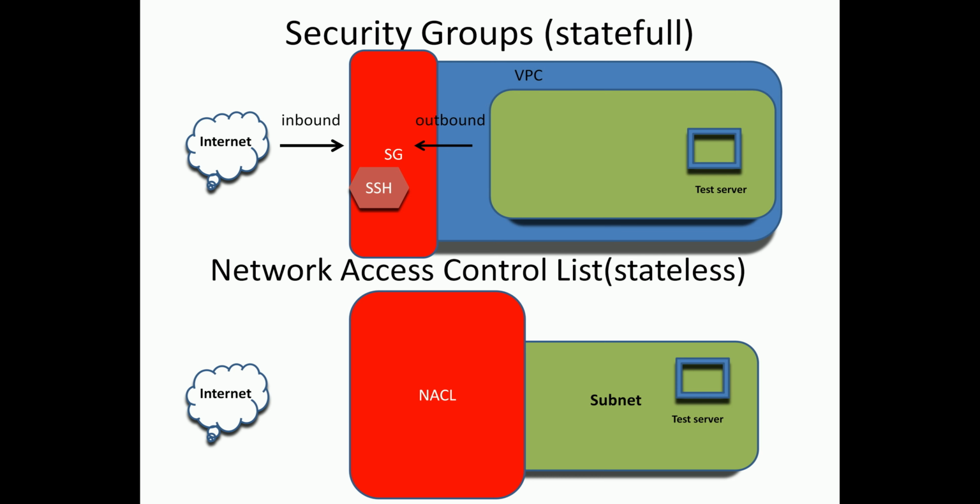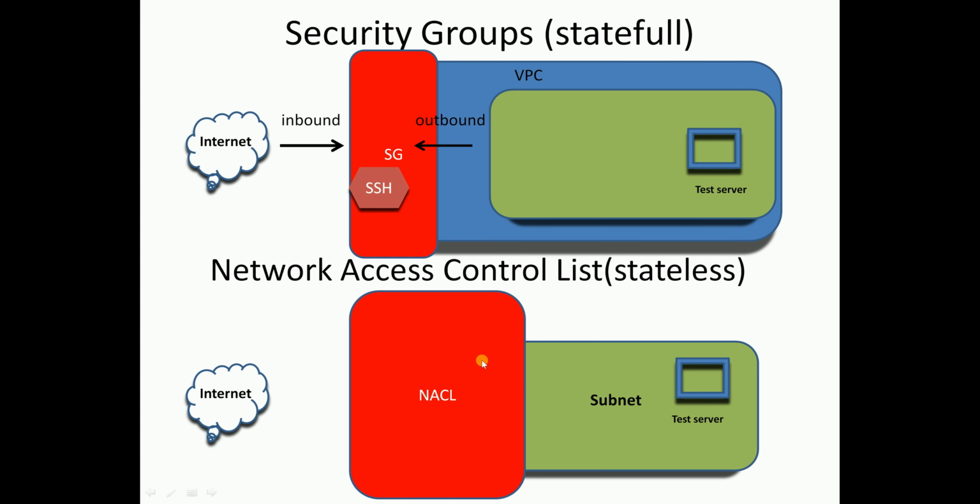Now come to the network access control list, which we call NACL in AWS. This is stateless. As I told you, with stateful you configure inbound and the outbound is automatically configured, and you need not do anything.